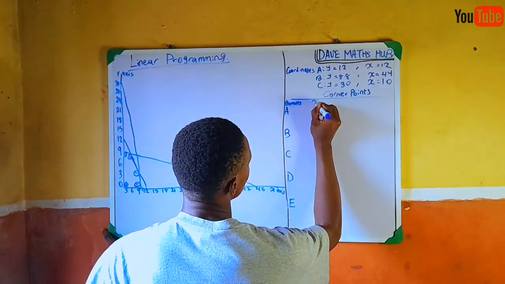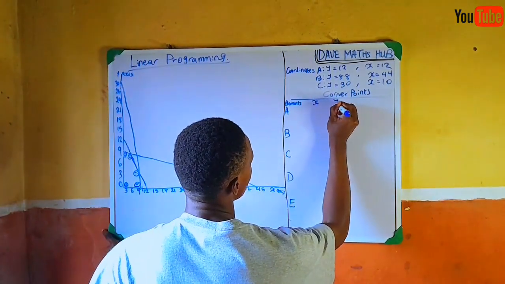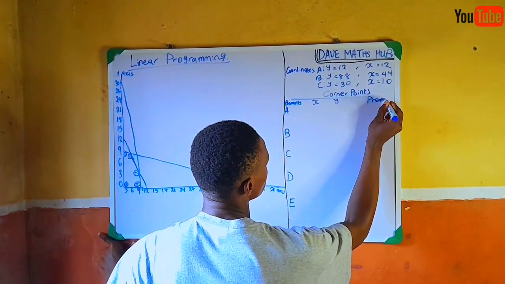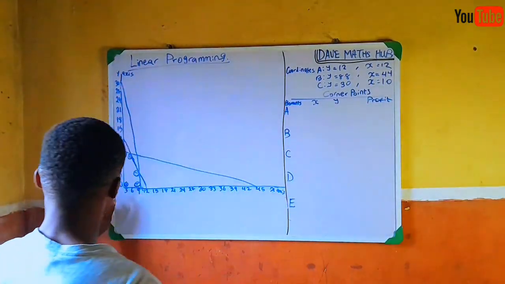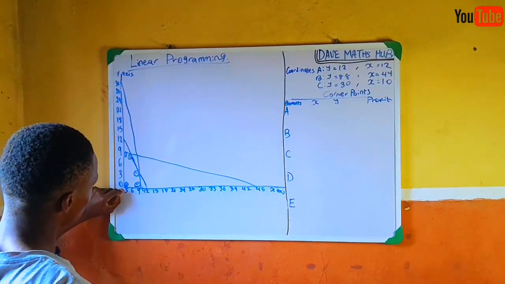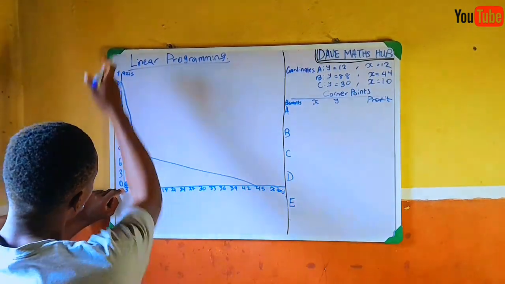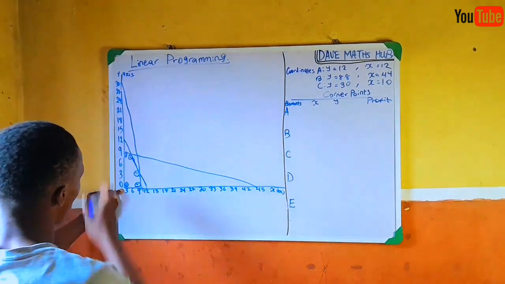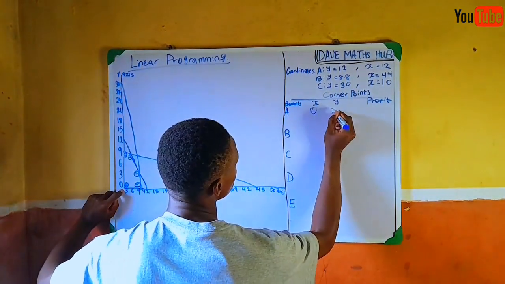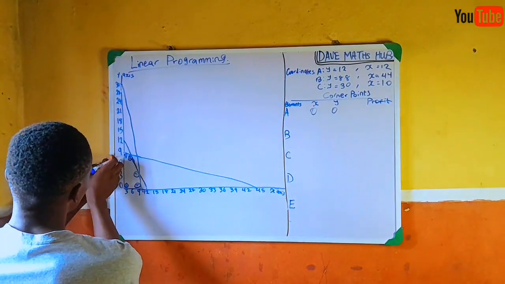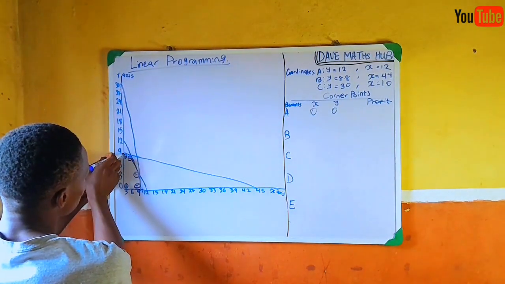Which brings about our X, our Y, and from the question we're stated to maximize profits. In order to get this, A now is at point 0, where everything all began for X and for Y. 0, 0. For B now is at point 8.8.